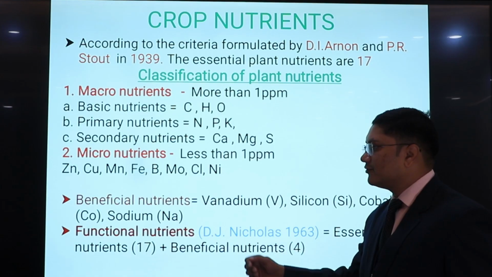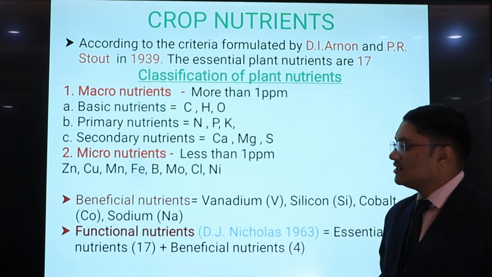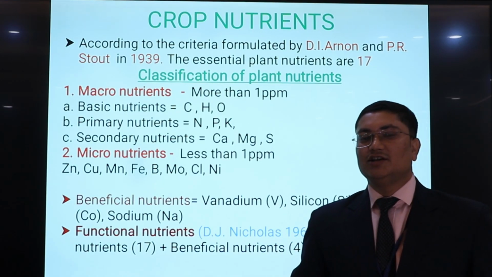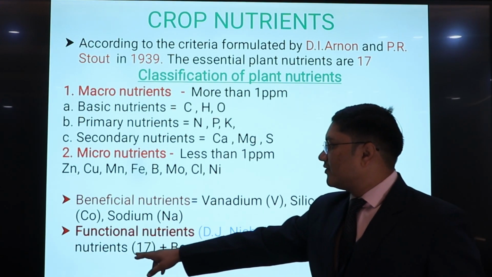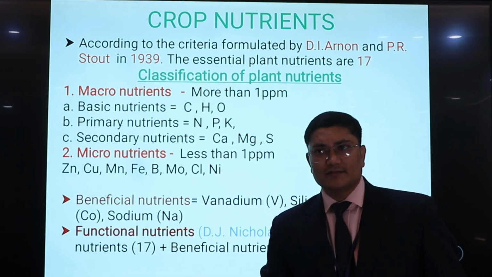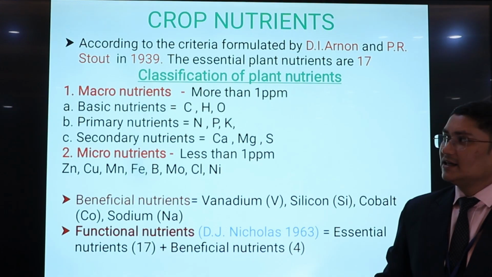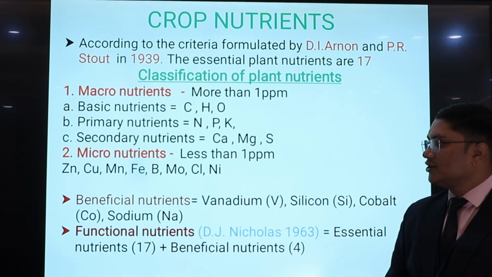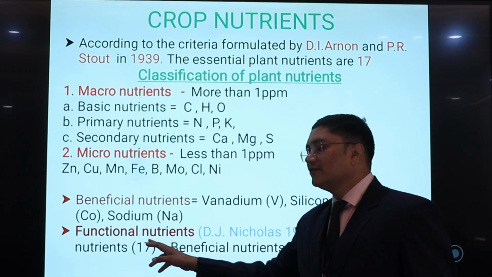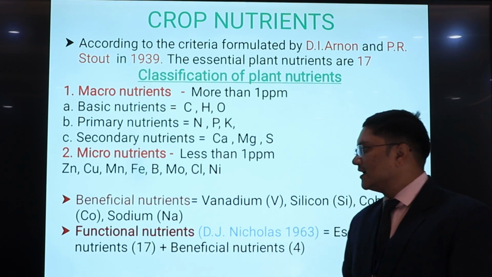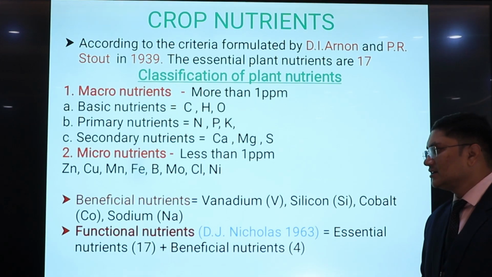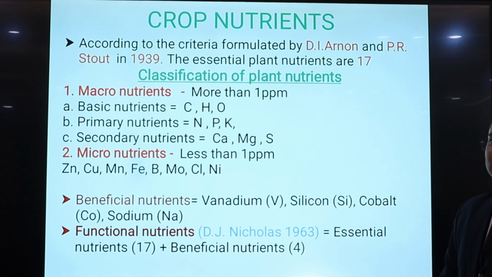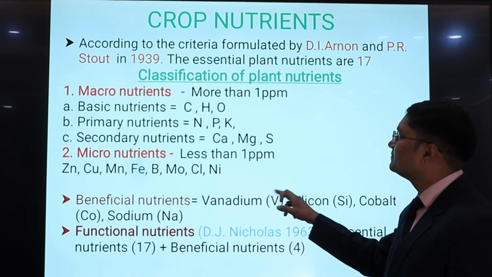That's why D.J. Nicholas in 1963 gave the new term, functional nutrient. So functional nutrients are the 17 essential nutrients plus 4 beneficial nutrients, a new term introduced in 1963 by D.J. Nicholas, where essential nutrients plus beneficial nutrients are included.